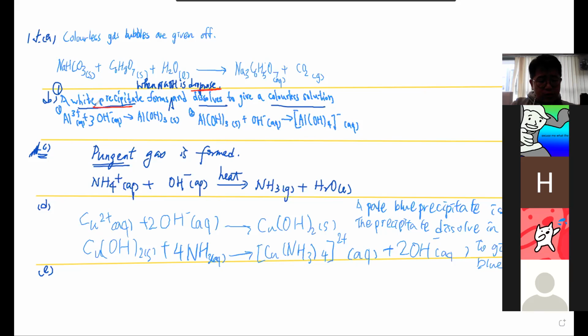The white precipitate itself will not dissolve in the colorless solution. It's conditional. The condition comes when I put in excess. When excess sodium hydroxide is added, the precipitate will dissolve to give a colorless solution. Can you get the point? Only by having this will you score that mark.